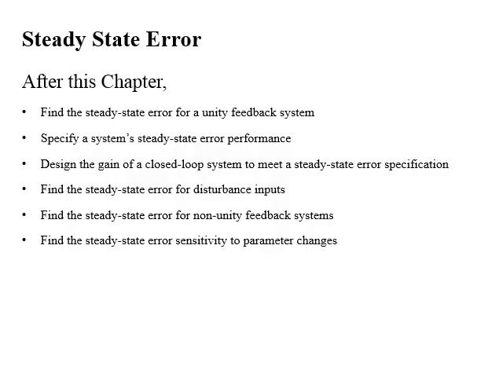Dear students, after today's lecture, you will be able to specify a system steady-state error performance, how to design the gain of a closed loop system to meet steady-state error specification, how to find steady-state error for disturbance signal, and how to find steady-state error for non-unit feedback systems.